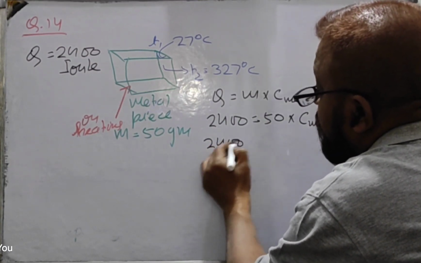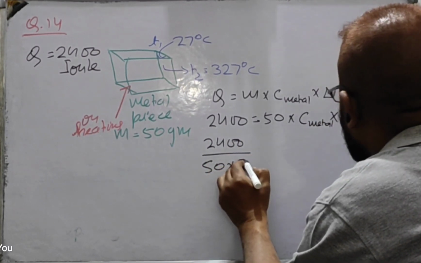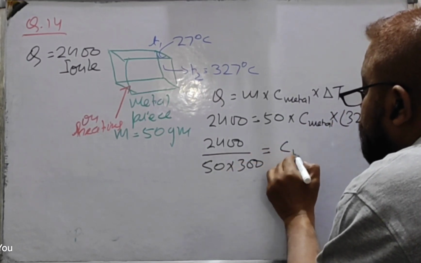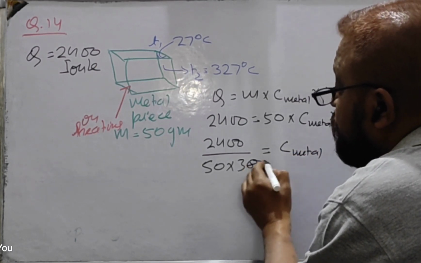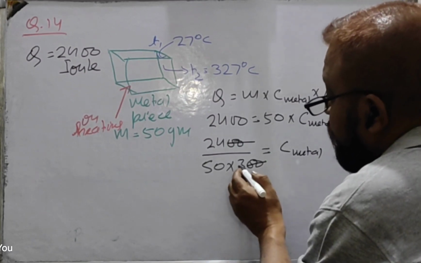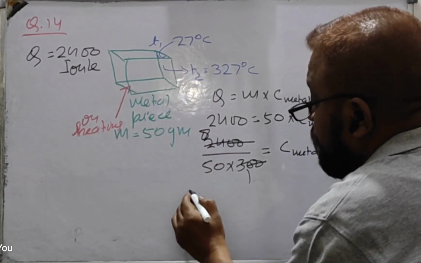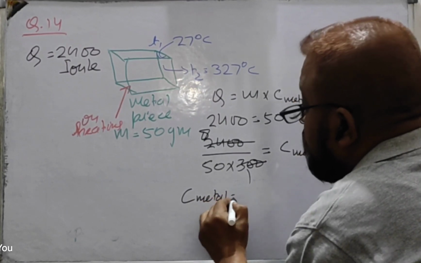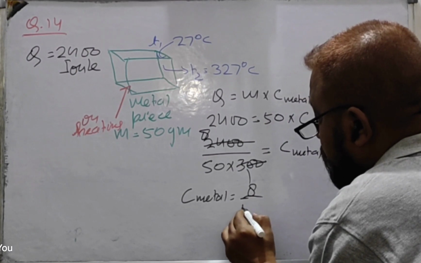So 2400 upon 50 into 300 is equal to the specific heat capacity of the metal. 3 ones are 3, 3 eights are 24, 8 is coming. Now the specific heat capacity of metal is equal to 8 upon 50.